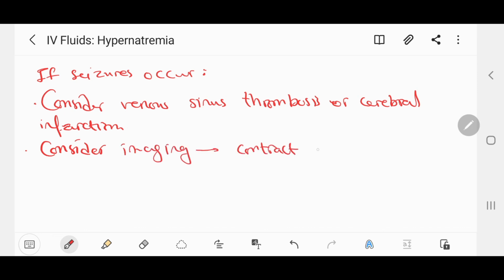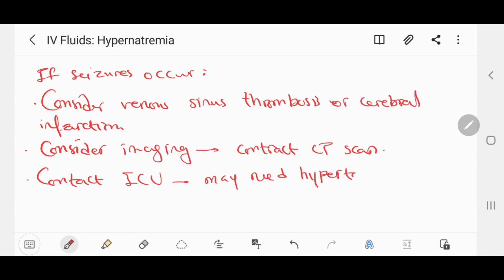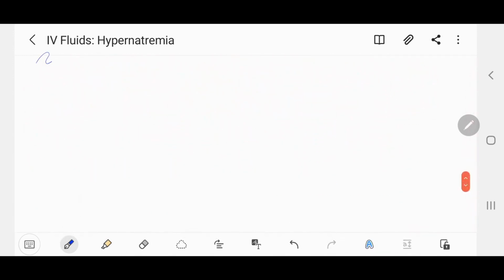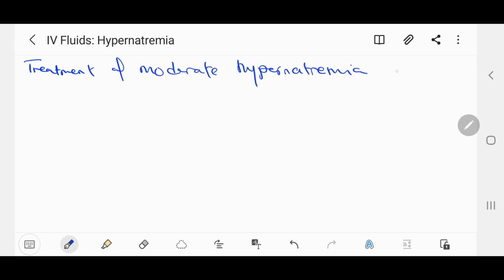We should consider imaging, a contrast CT scan, and we should contact ICU. We may need hypertonic saline to slow a rapid decrease in sodium level. There's a table that you can use. I'll add the link to the table also in the description box. It's an easy table for just quick calculations.